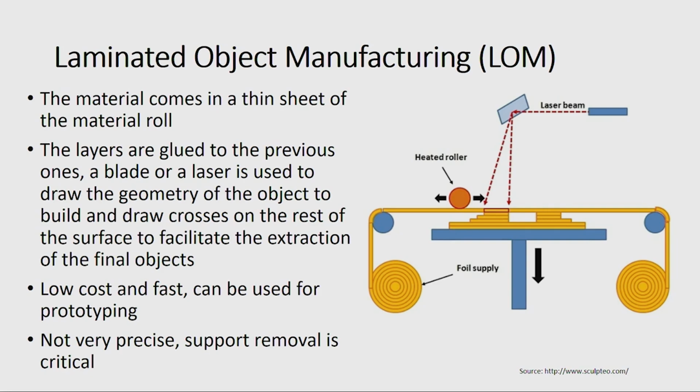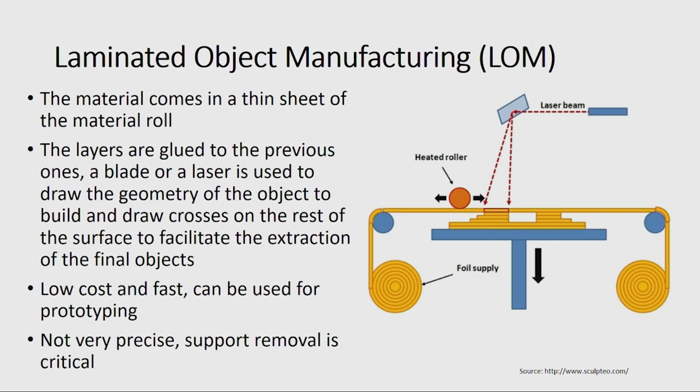So, initially the build plate will be at the topmost position, and over that the foil will be there, and the heated roller will roll over the foil, and then the laser beam will cut the layer according to the file given to the 3D printer.